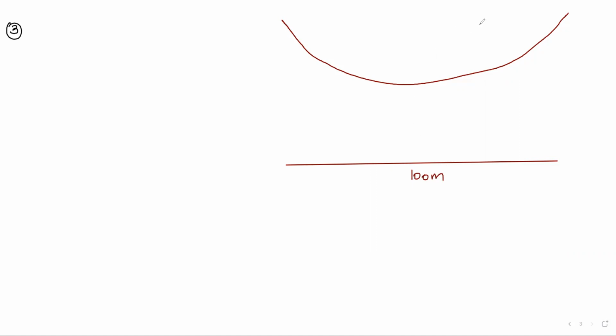So these are the vertical wires which are attached to the cable, from here to here, from here to here, like this. And we have some more like that.